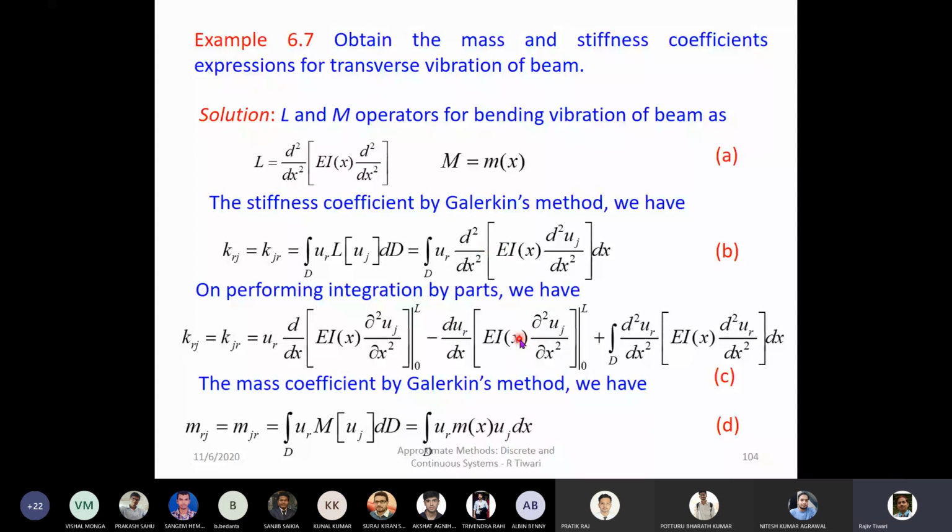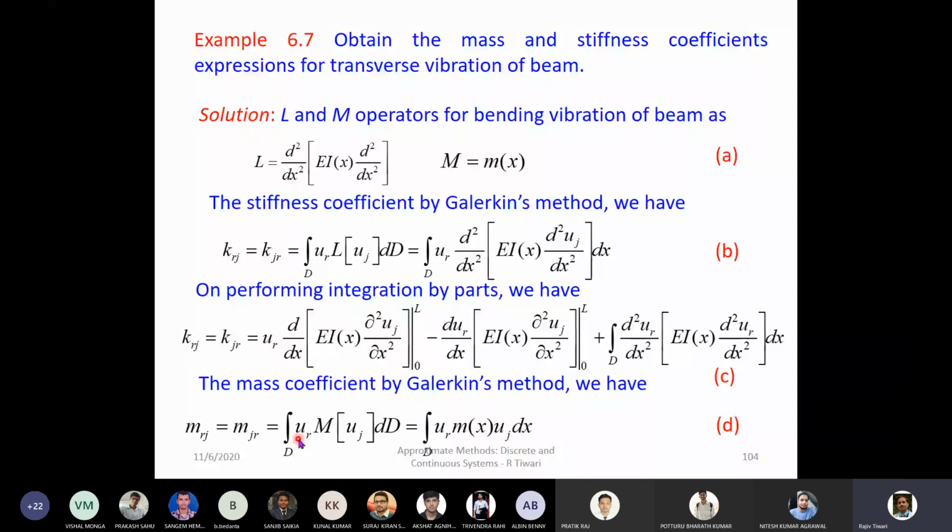So this is integration by parts twice. Similarly, the mass coefficient can be obtained like this. So generally, we'll be having this form for calculating the stiffness coefficient and mass coefficient.